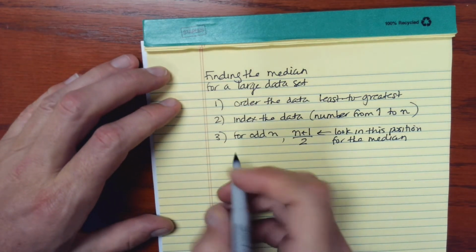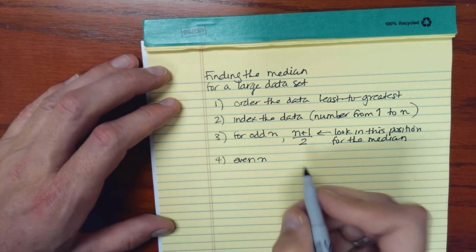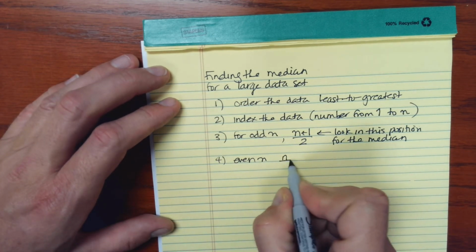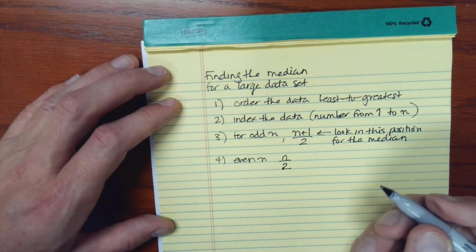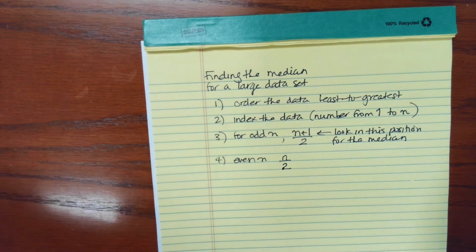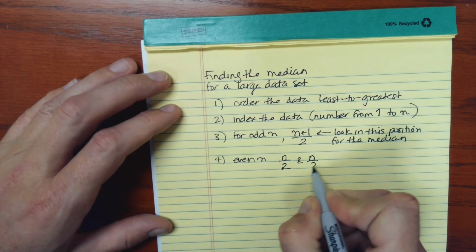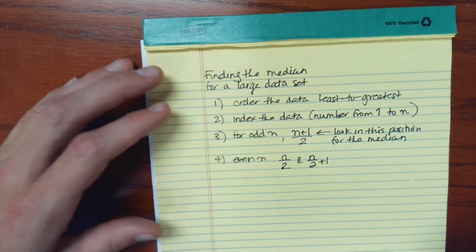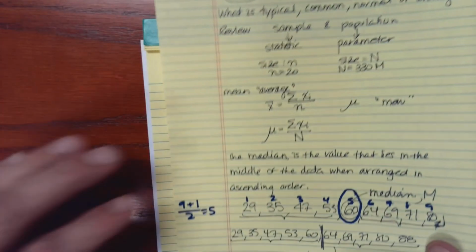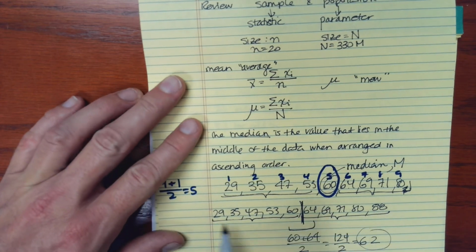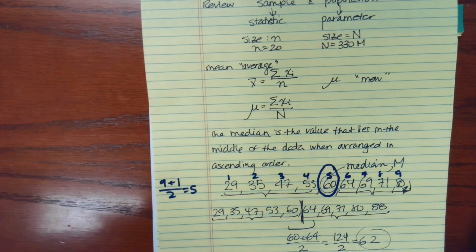For an even sample size, I can take n over 2 and n over 2 plus 1. So, for instance, here I had 1, 2, 3, 4, 5, 6, 7, 8, 9, 10.